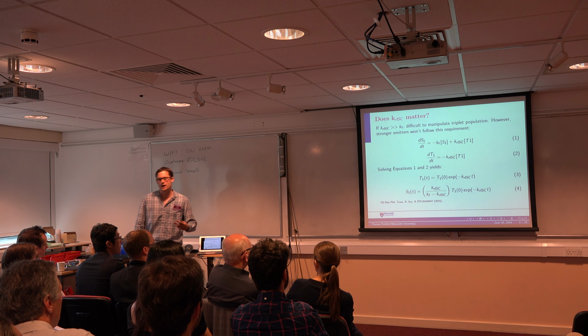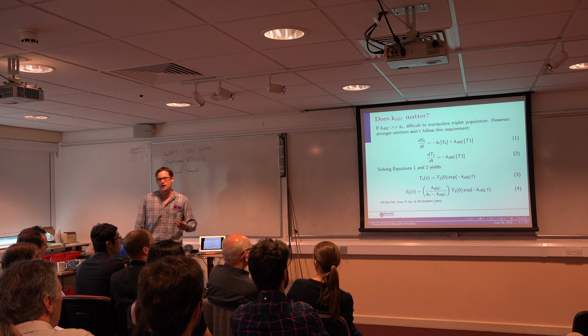Well, for most of the TADF emitters reported in the literature, this equilibrium picture breaks down. So we have to move to a kinetic picture, which is taken from Fernando's paper, which was published last year. And if we solve these kinetic rate equations, then essentially we can see here that the rate of the T1, obviously, as one would expect clearly depends on this rate of reverse intersystem crossing.